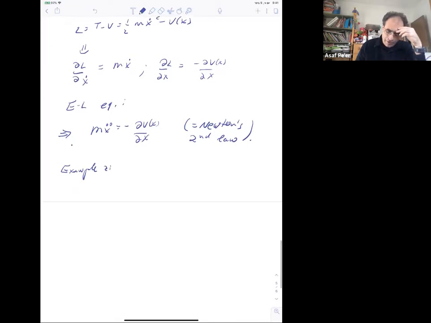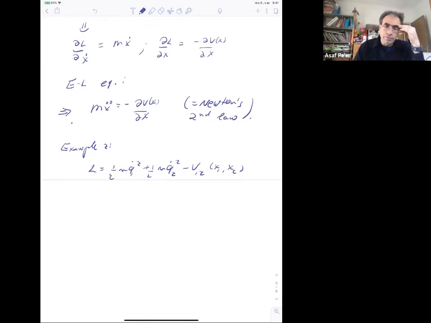If we have a Lagrangian of the form, now we have two bodies, so 1/2 m q1 dot squared plus 1/2 m q2 dot squared minus V12 of x1 and x2, this Lagrangian would give us via the Euler-Lagrange equation a two-body system which interact with each other via a potential that depends on the location.